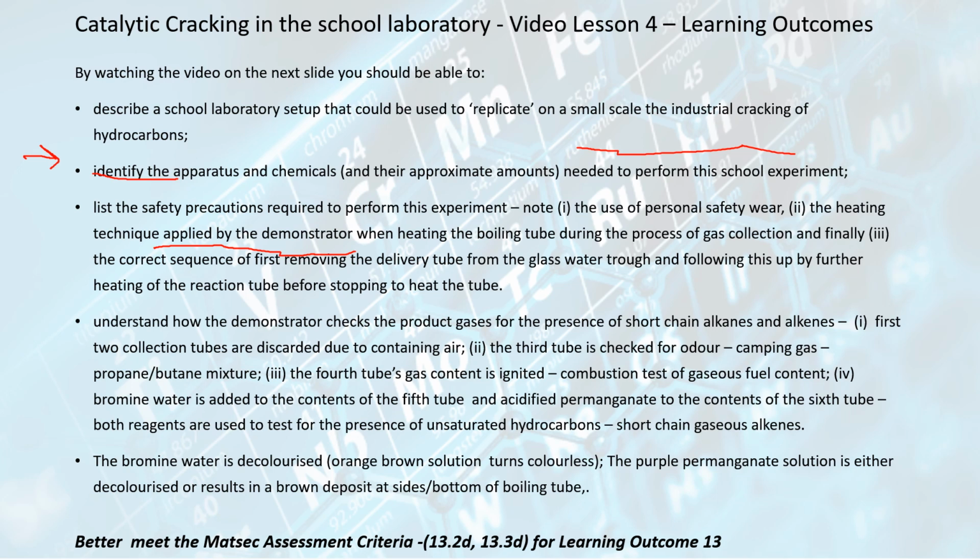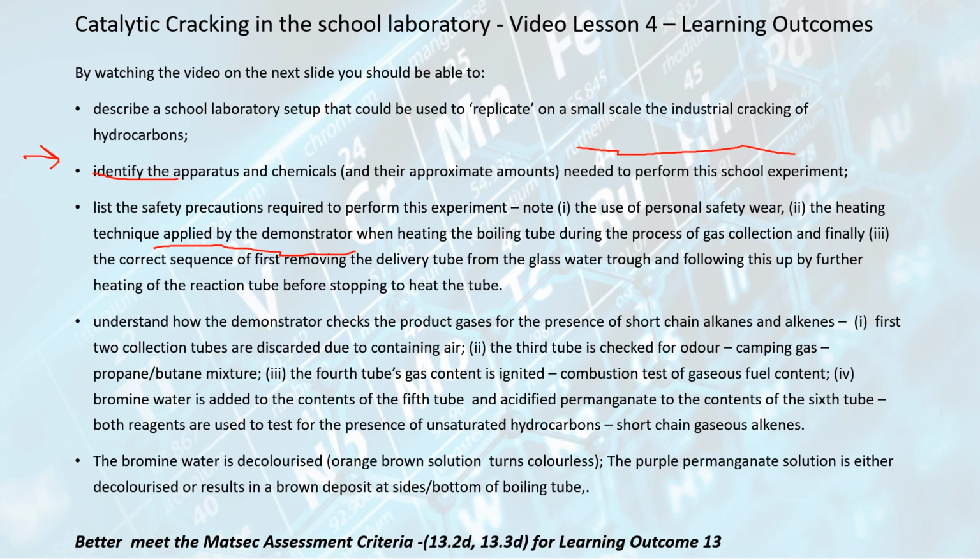You should then be able to understand how the demonstrator checks the product gases for the presence of short chain alkanes and alkenes. So you will see that she prepares a sequence of test tubes. The first two collection tubes are discarded.